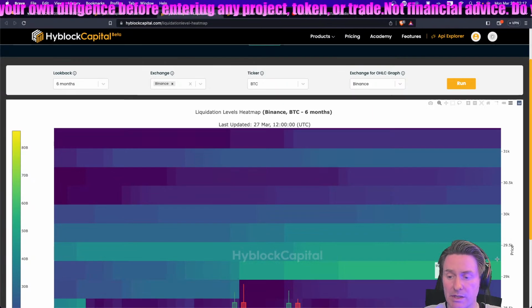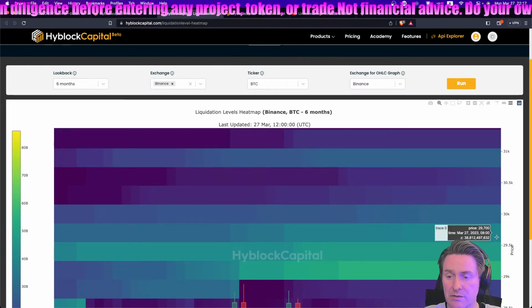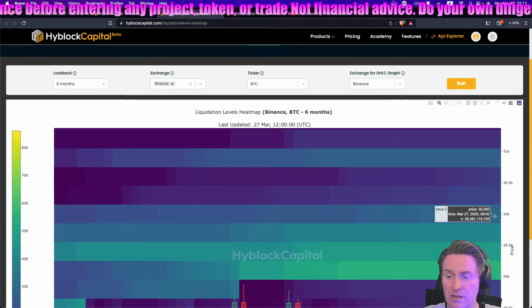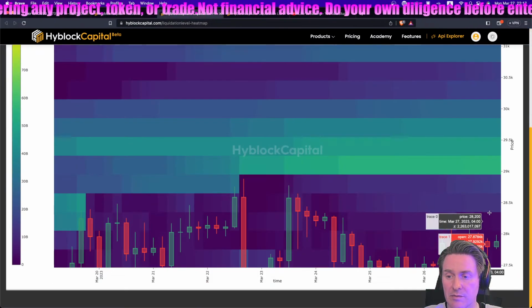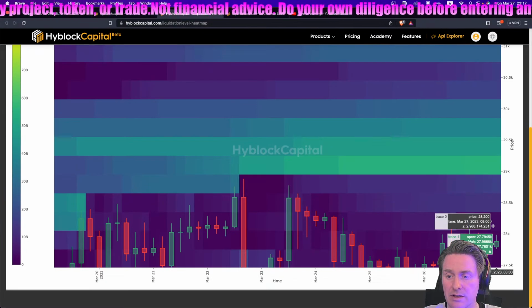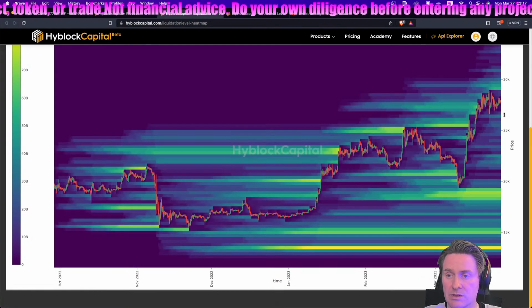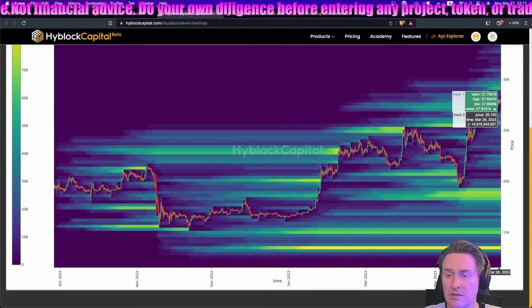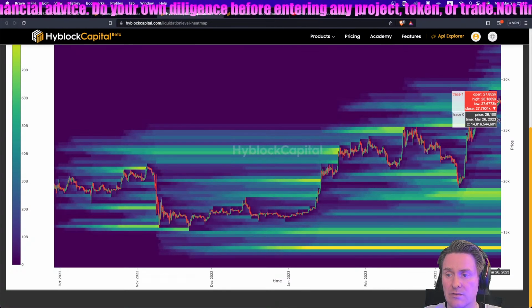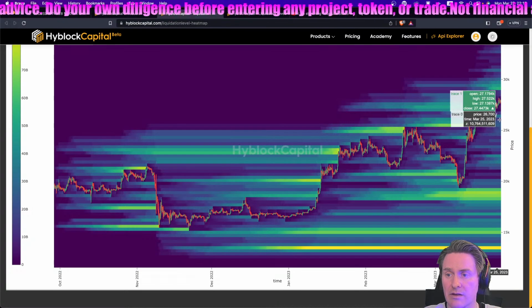Got 55 billion, 46 billion, 38 billion, and 28 billion up to 30K. And that's on the 6 month time frame. Just immediately above, you got 13, 17, and 2. And starting to get 32 billion at 26.4, 14 billion. So it is getting juicy right here at the 25K region.